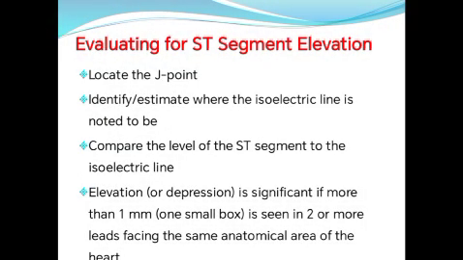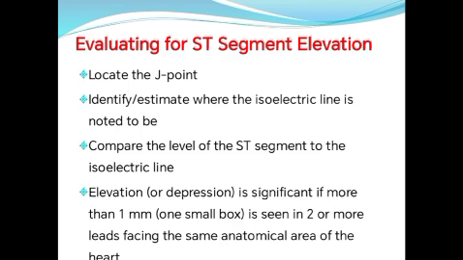Okay, how to evaluate for ST segment elevation? As I said, first we have to look at the J point, then identify where the isoelectric line is, and compare the level of the ST segment to the isoelectric line.